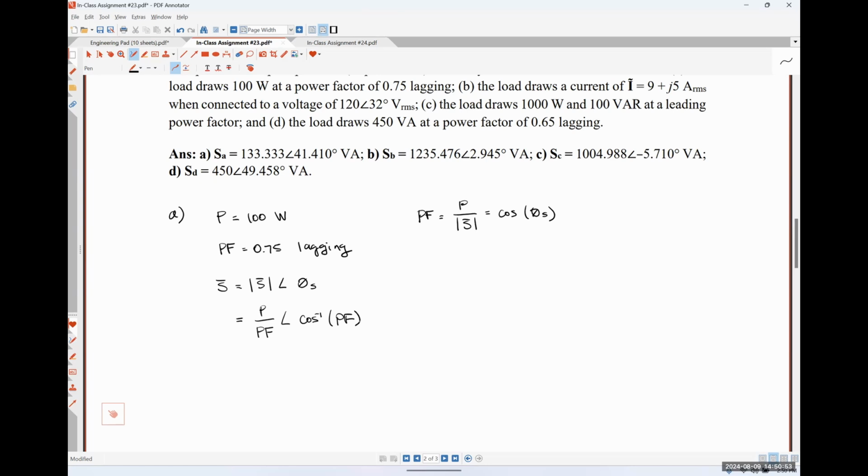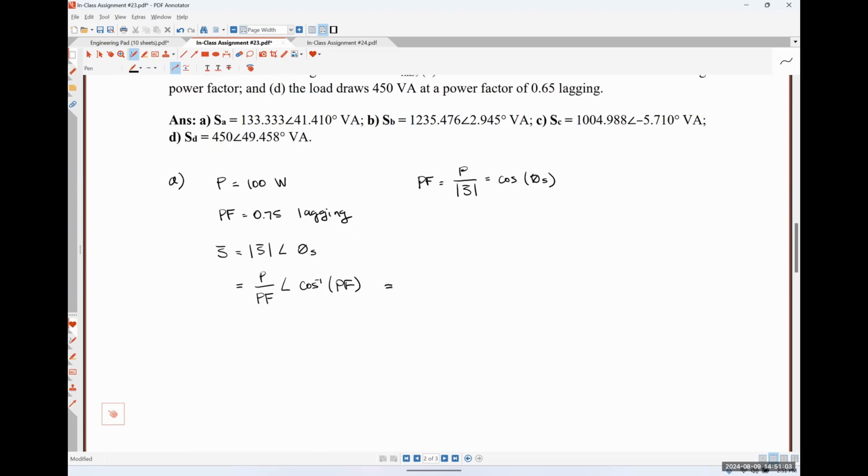Does that make sense based on these relationships over here? Yes, sir. Okay, so let's plug in some numbers. We have 100 watts divided by 0.75, and then we have an angle of the inverse cosine of that same 0.75. If I put that into my calculator, I believe I get 133.3, but let me double check that.